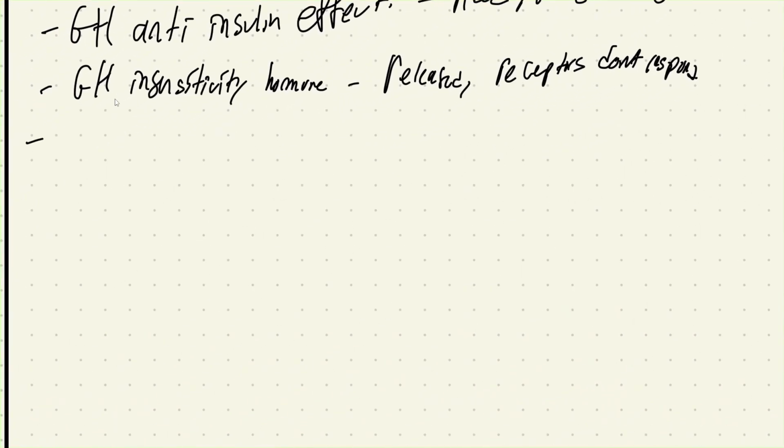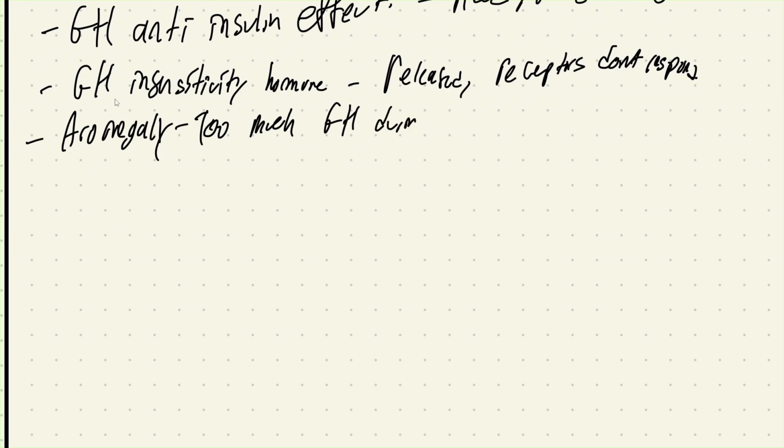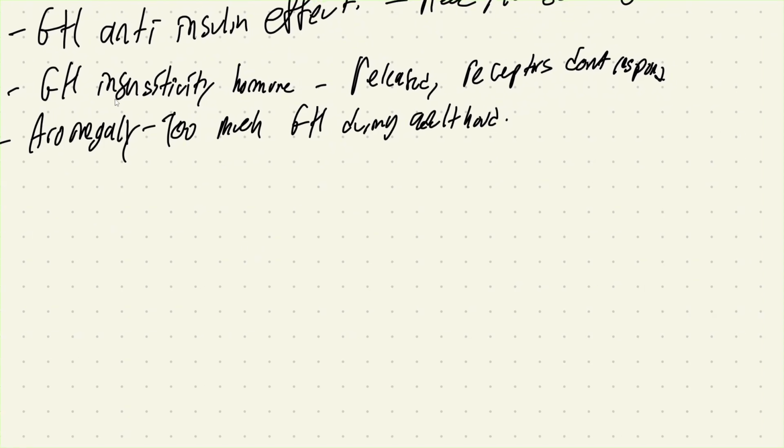Another thing is acromegaly, too much GH during adulthood. The bones increase in size and it affects adults in middle age.